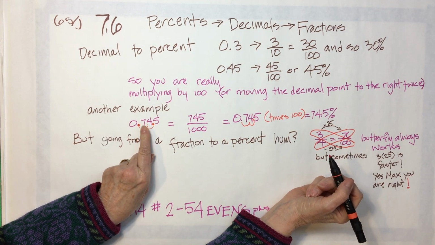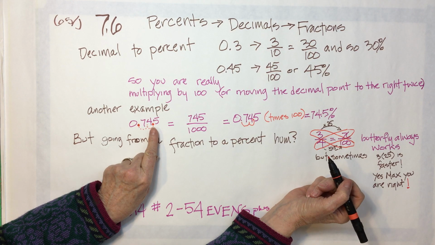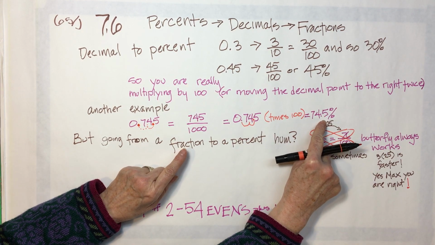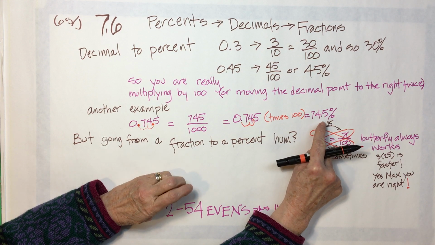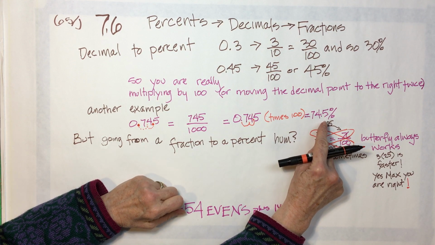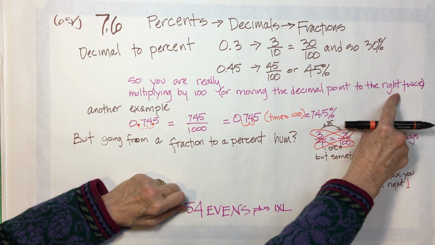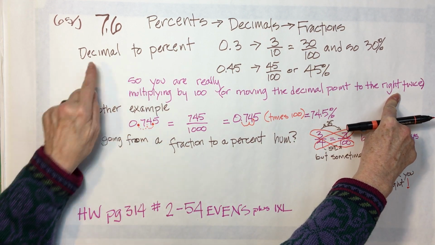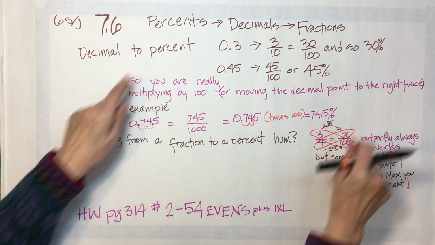And now it's 74.5%. You will sometimes get percents that have decimals, which of course will be a little confusing. But just remember, you move it over twice if you're going from decimal to percent.